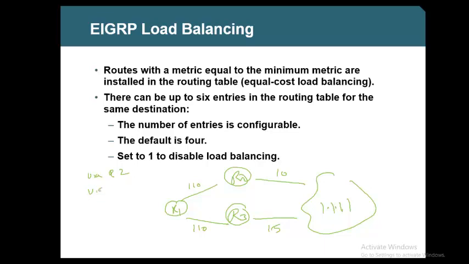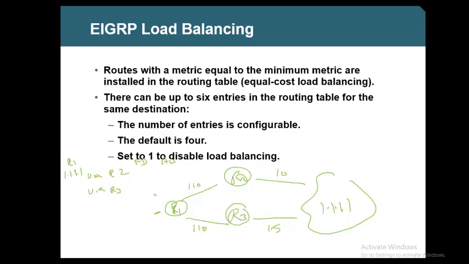For R1 to reach 1.1.1.1 via R2, what is the advertised distance and what is the feasible distance? What is the advertised distance via R3 and the feasible distance?